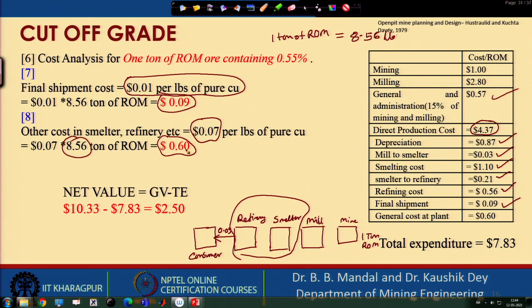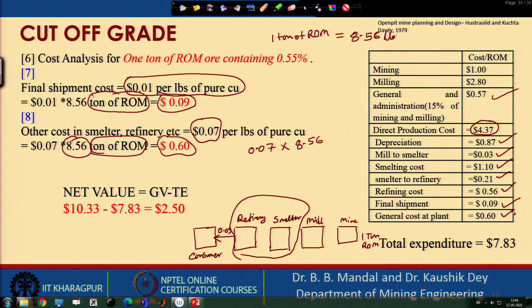So, with these considerations it is coming 0.07 multiplied by 8.56. This 8.56 has come from 1 ton of ROM. So, this is from 1 ton of ROM, this has come out. So, the total cost is coming $0.06.